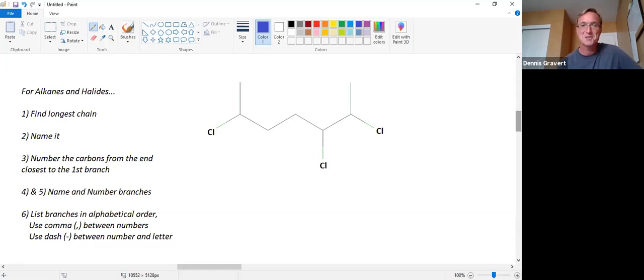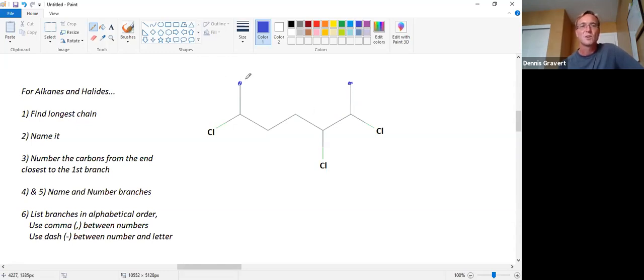All right, here we go. Find the longest chain. There's one end here, and there's another end here, right? It doesn't have to be left to right. I know it kind of looks like a branch, but that's not the end of a chain. There's a carbon above and a carbon down to the right. This is not the end of a chain. The end's up here.